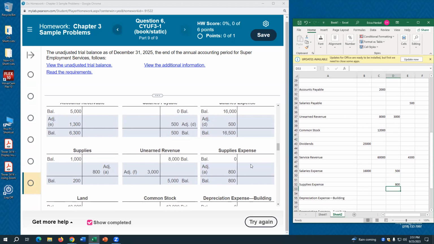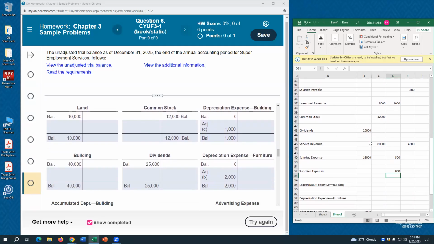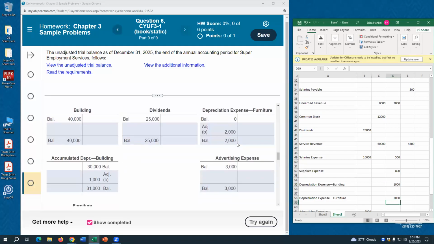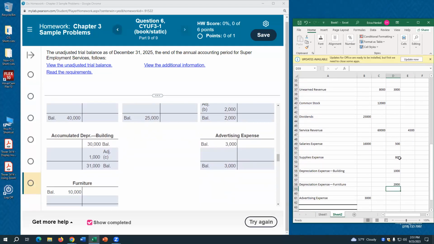So all I'm doing is transposing this from the one format into the other format. And then for depreciation expense building, the two depreciations, we had 1,000 and 2,000. And then nothing for advertising. All right, so those are all of our columns there.